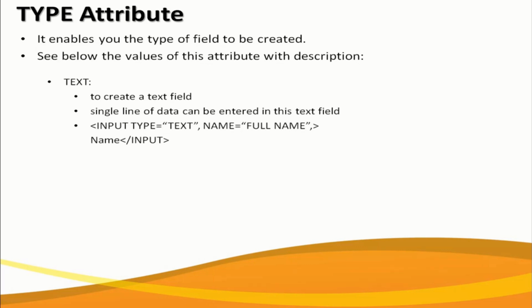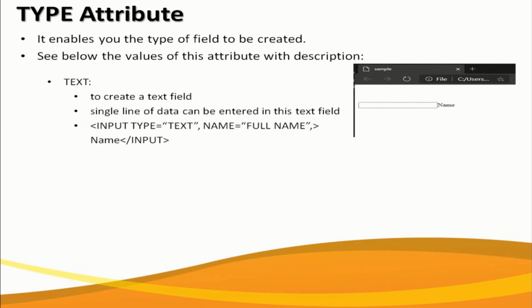You can skip those commas and then close the angular bracket. Then close the input tag. If we run this code in a browser, what will be the output? The output looks like this. Note that this input element should be within the form element and the form should be within the body element.